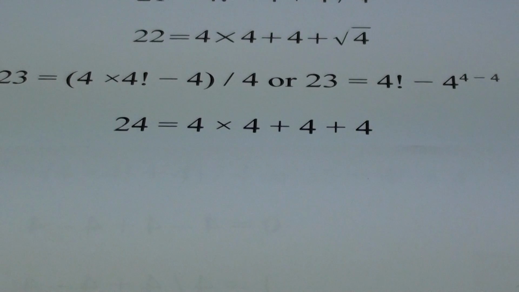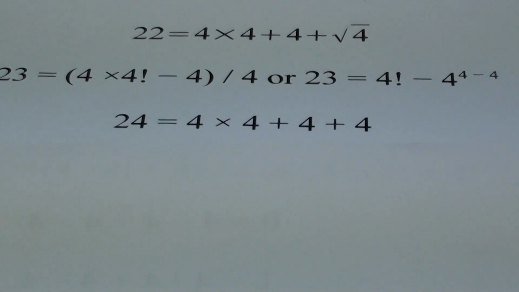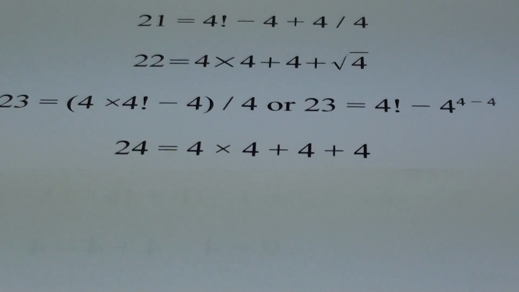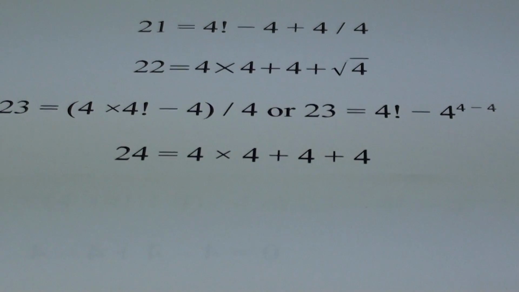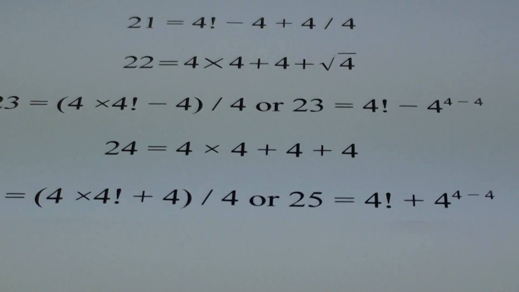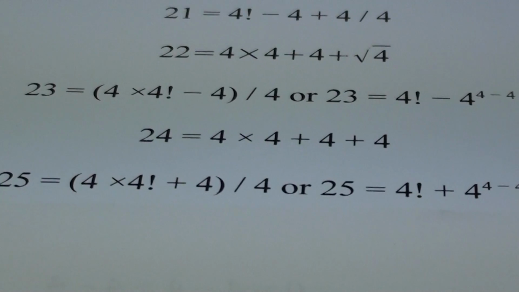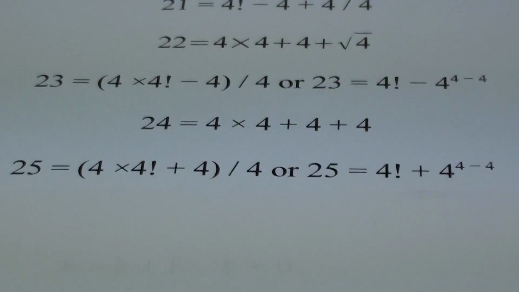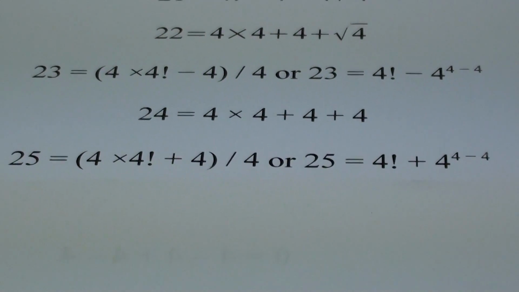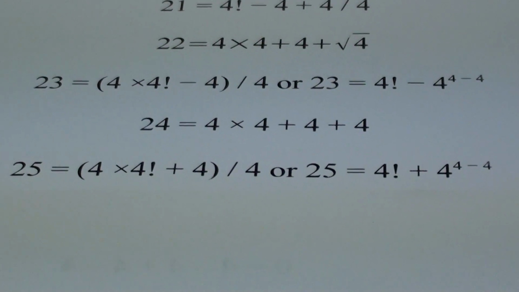Finally, we get to 25, and 25, once you know 23, is actually very easy. You change all the minuses into pluses, and you have of course two solutions for 25, which are very closely related to 23. So that's it for the solution to my four fours problem version.